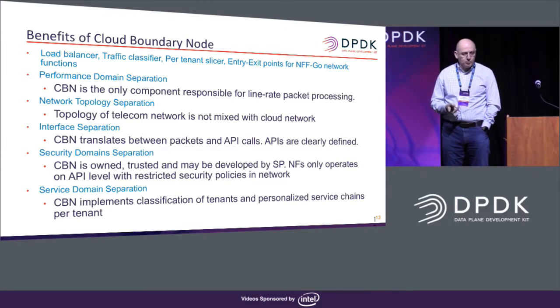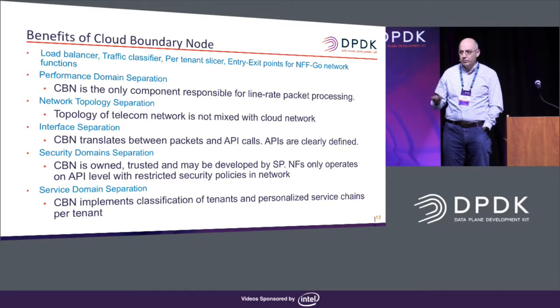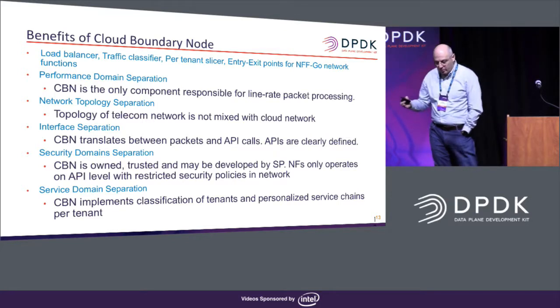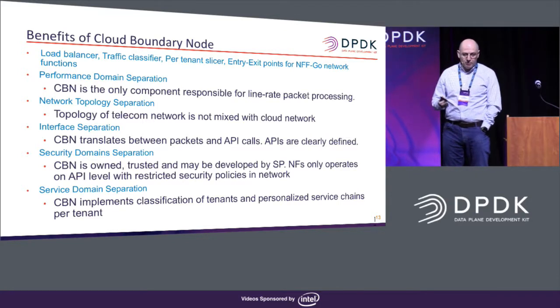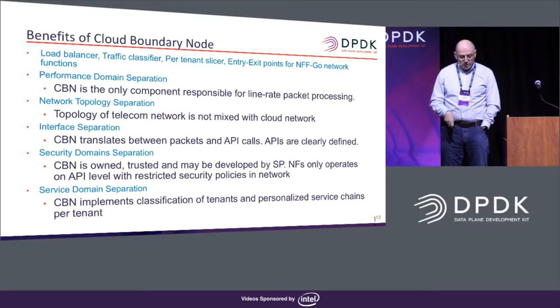It separates the network topology before and after. For example, for telcos, it's important that the telco network is not mixed with the cloud network. It separates the interfaces, because inside the cloud you can use any type of API you want. Also, it's very important that it separates the security domains, because CBN is owned, trusted, and can be developed in-house by the service provider, and it's not third-party software.